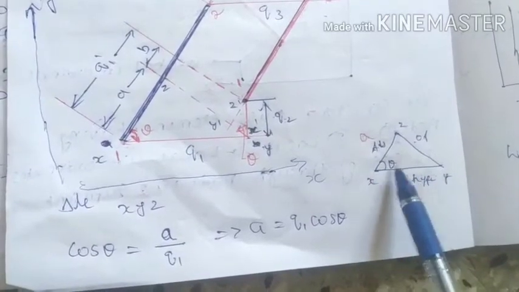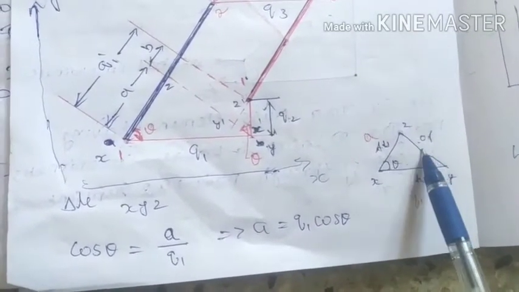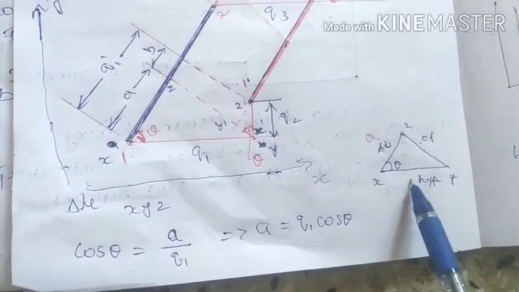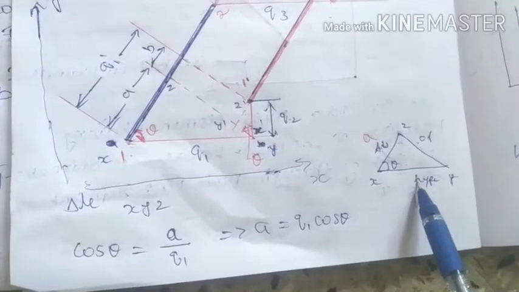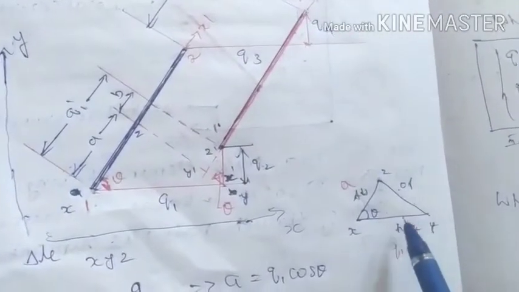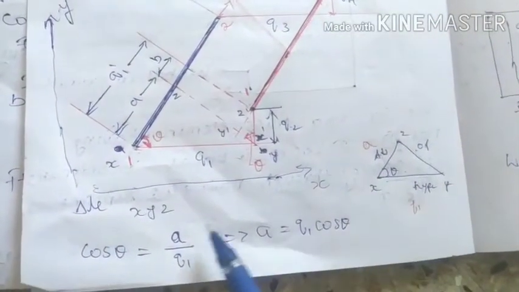Now let's see which side is opposite and which is adjacent. The side opposite to theta is the opposite, the side next to it is the adjacent, and the side opposite the right angle is the hypotenuse. Which rule can I apply?